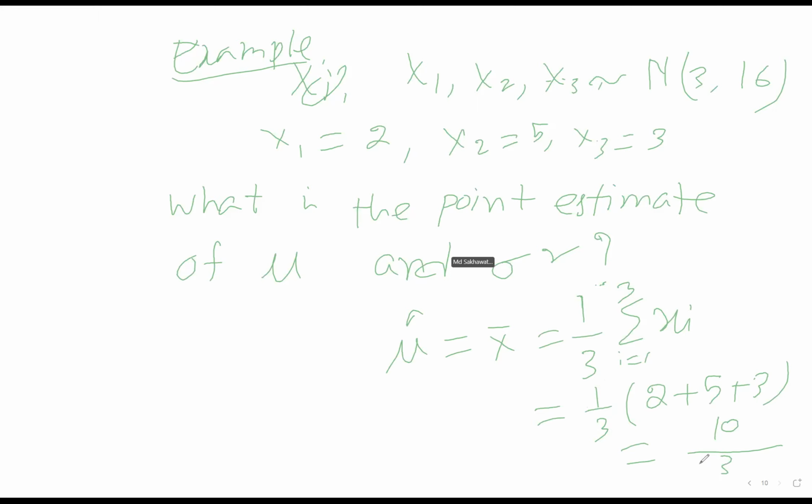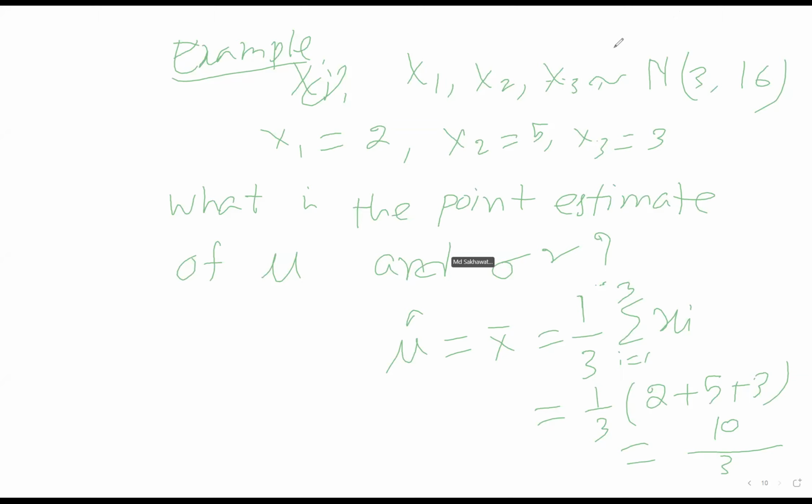So this is the point estimate for mu. Yes, mu hat is 3.333. You're right. X bar is 3.333.